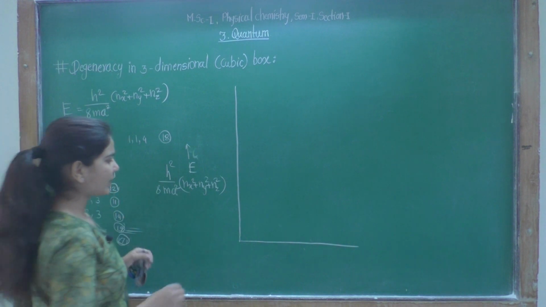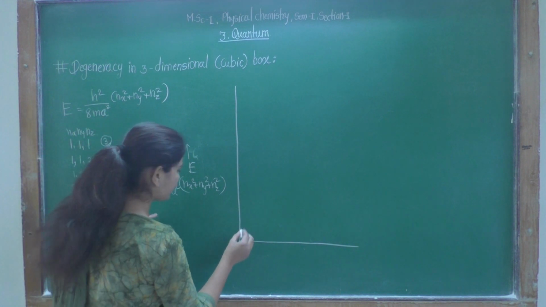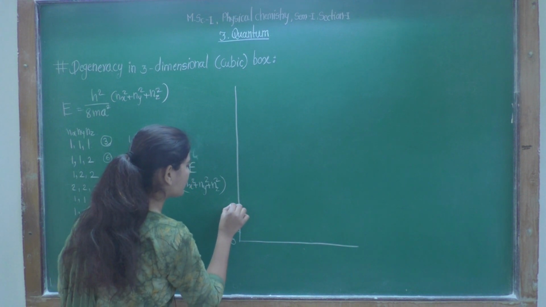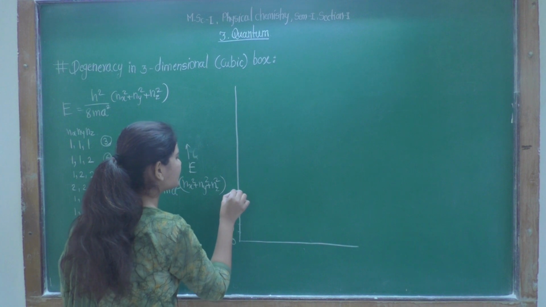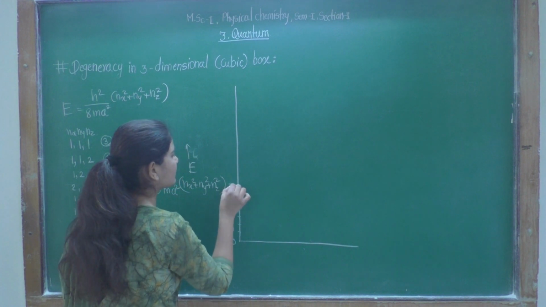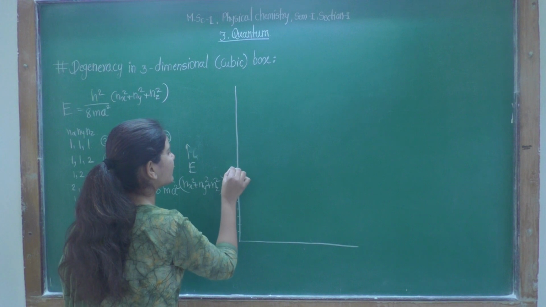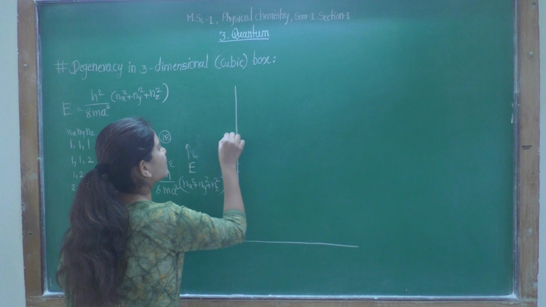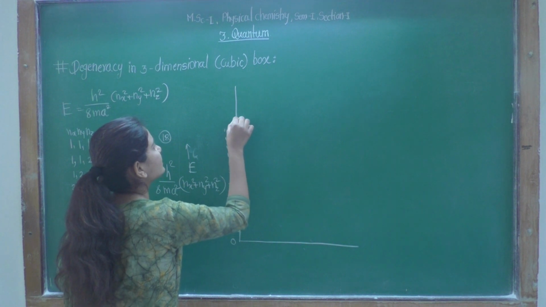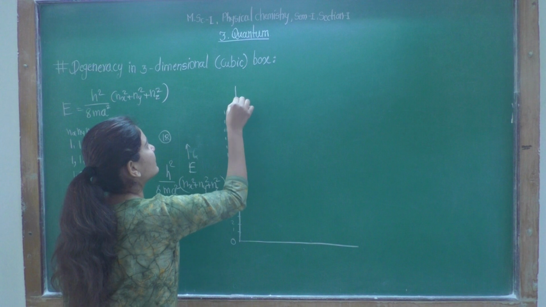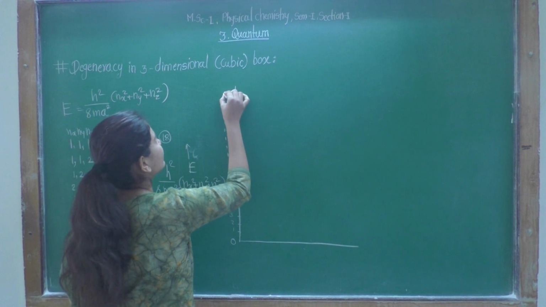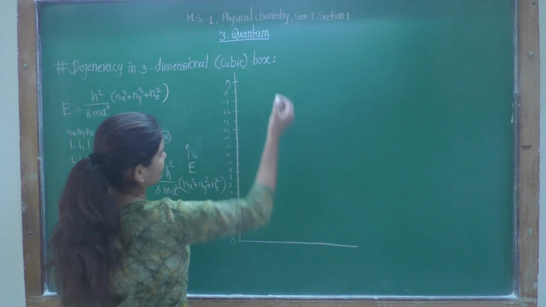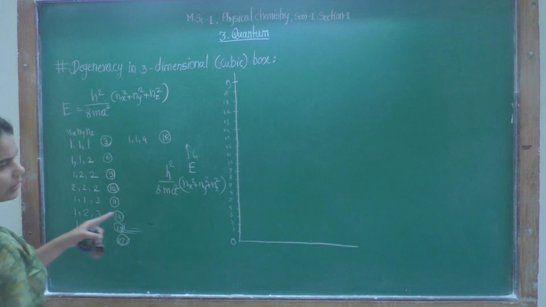Let's plot from 3, 0, 1, 2, 3, 4, 5, 6, 7, 8, 9, 10, 11, 12, 13, 14, 15, 16, 17, 18, 19. That's enough.